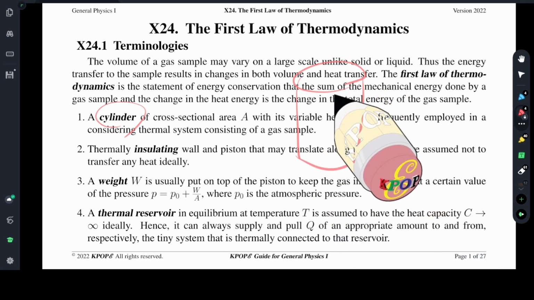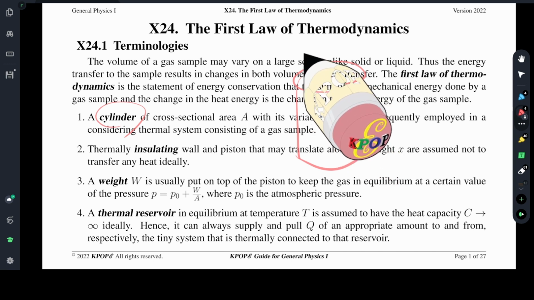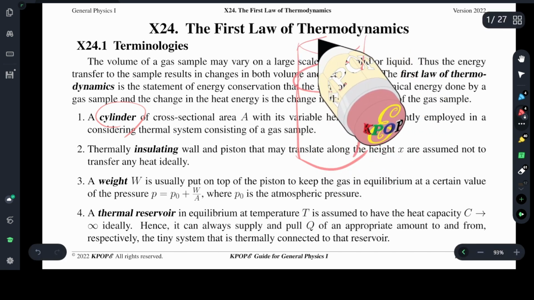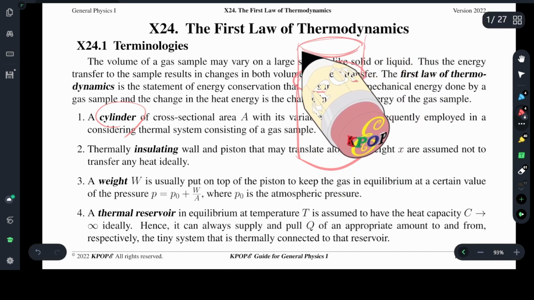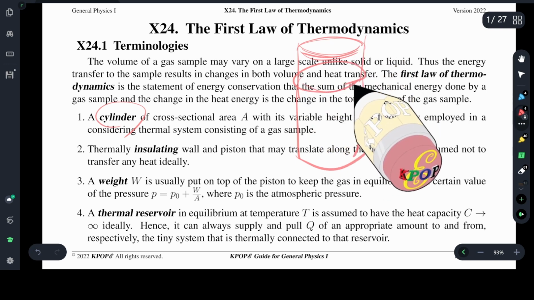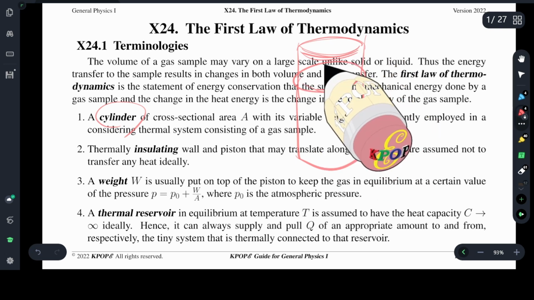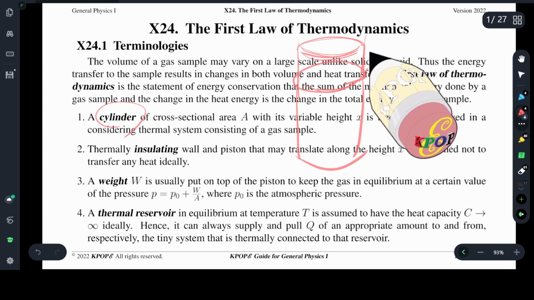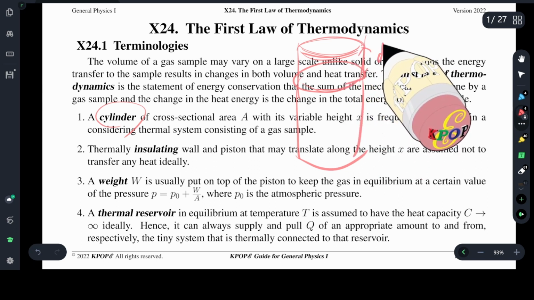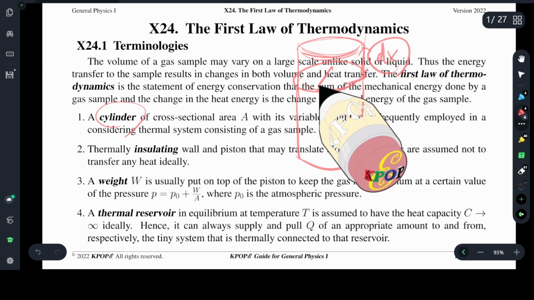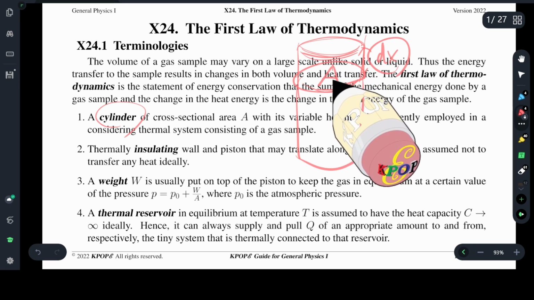In case it is contained in a cylinder, the volume is variable through only one position of a piston attached to the cylinder. The piston can translate some distance, and there is a fixed cross-sectional area.